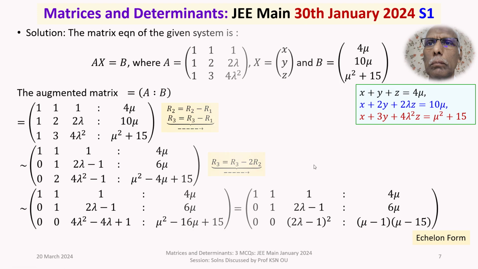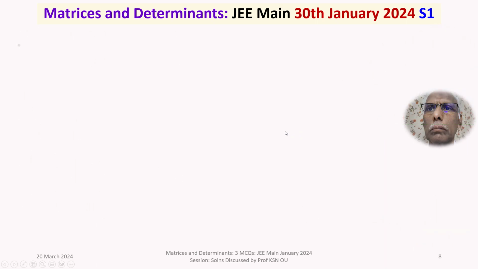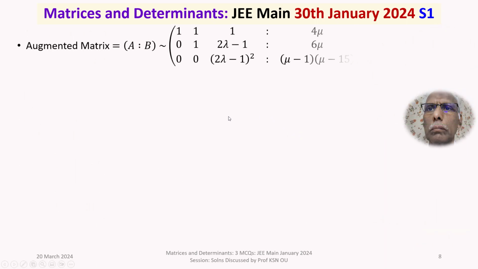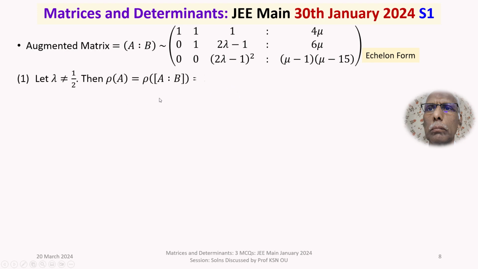And we now discuss the nature of the given system and the nature of the solutions. So this is the echelon form we have. We first talk about case 1. Let lambda not equal to 1 by 2. When lambda not equal to 1 by 2, 2 lambda minus 1 not equal to 0.